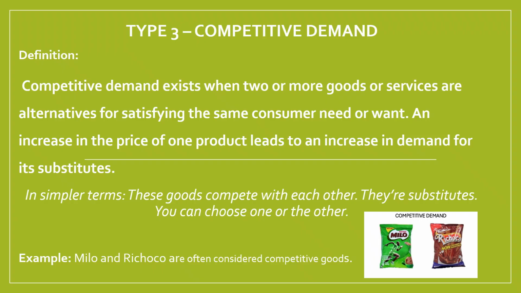Let's have real examples from Ghana. Milo versus Rich Choco, or Ovaltine, or chocolate drinks. Bread versus wache. Do you know wache? Wache here means beans in the Hausa language.